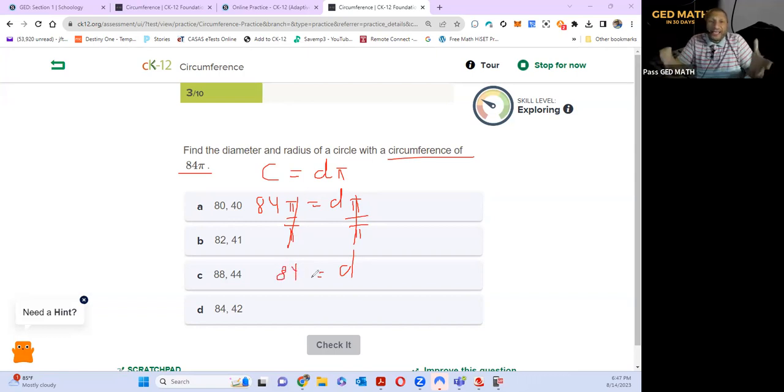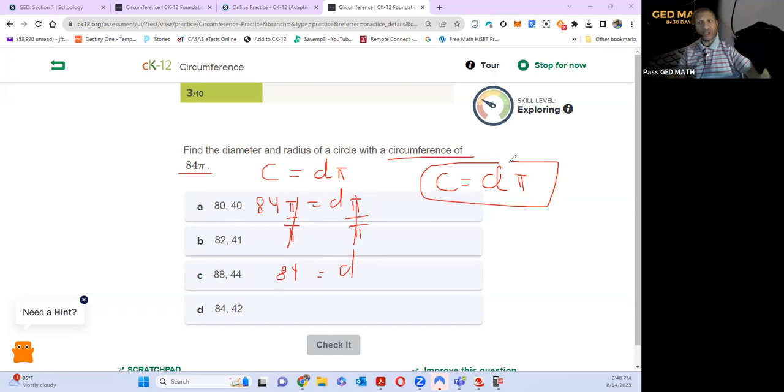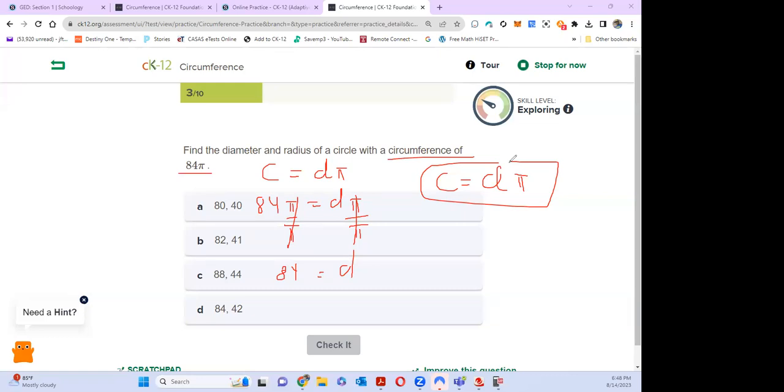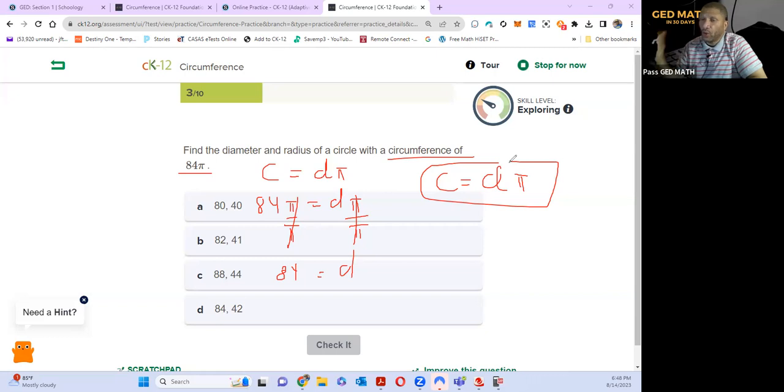That's one of the easiest questions on the GED exam. If they give you the circumference of a circle, you should know C equals D times pi. And if they ask you to solve for the diameter, all you're doing is dividing the circumference by 3.14. And it's one of the most missed questions on the GED exam.